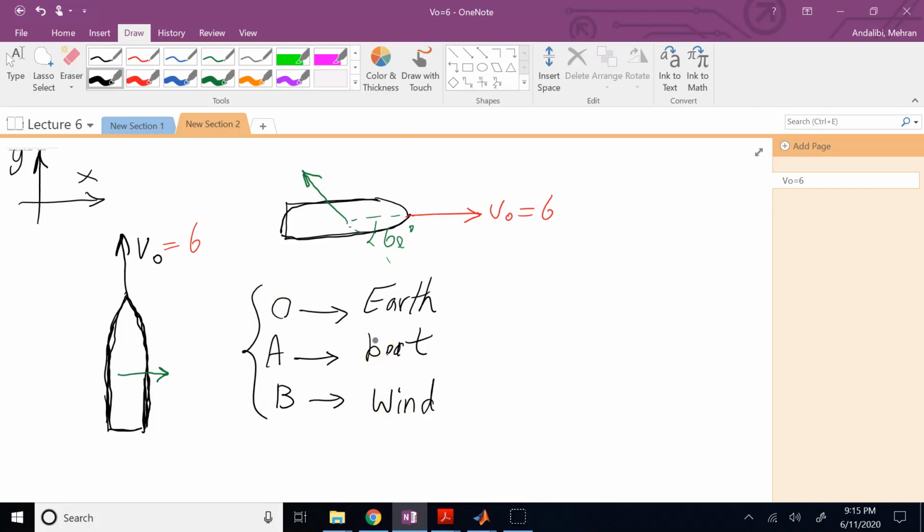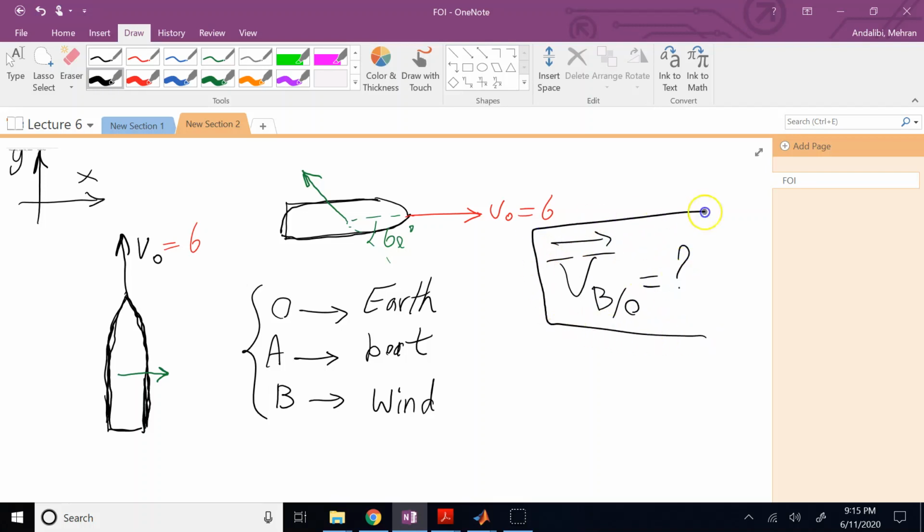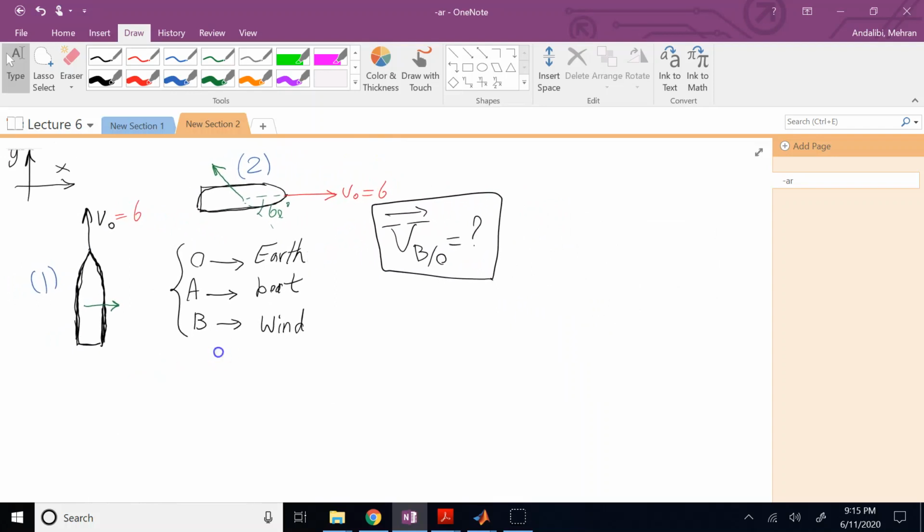Okay? So the problem asks, what is the velocity of wind with respect to the Earth, both magnitude and direction? So you have to describe it as a vector, not just a magnitude only. Okay, so that is the question. And again, I would call this situation 1 or position 1, and I call this position 2. So now let's see how we can handle this problem.